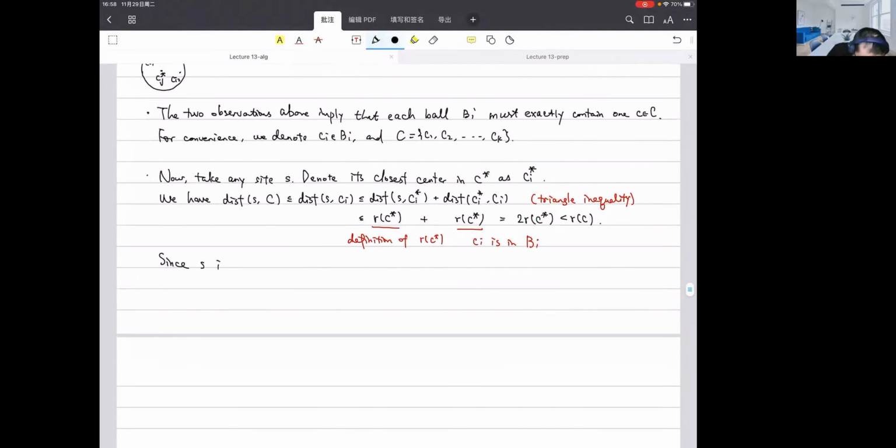Since S is arbitrarily chosen, this suggests that R of C, with capital C here, which equals the maximum over i of the distance from Si to C, is strictly smaller than R of C, and this is a contradiction.